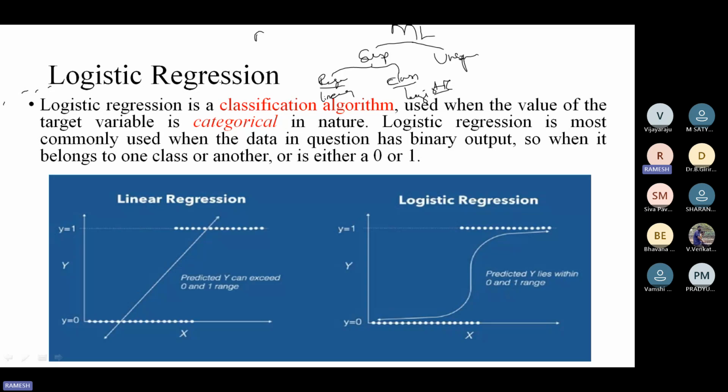Linear regression can do only regression, and logistic regression can do only classification. The remaining ones, like KNN (K nearest neighbors), decision tree, or support vector machine, and models like Bayesian learning, can do both regression as well as classification. As we have seen, decision tree can do regression and classification. SVM can do both regression and classification.